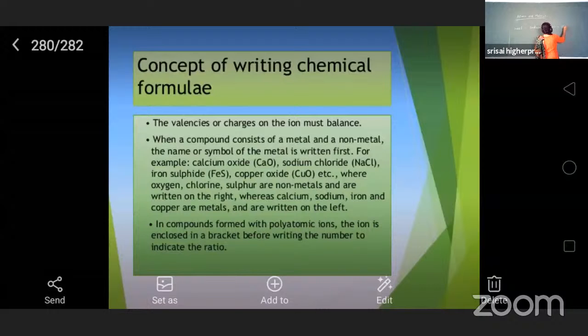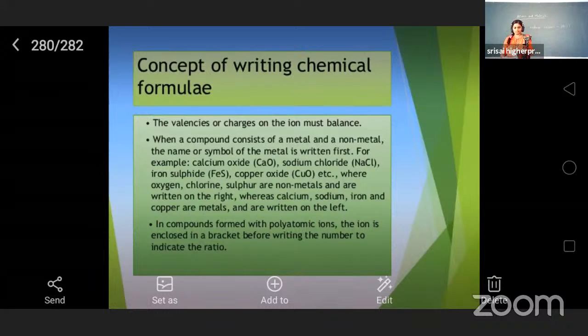Okay. And what is the atomic number of chlorine? Seventeen. Okay. So this is the ratio of these.